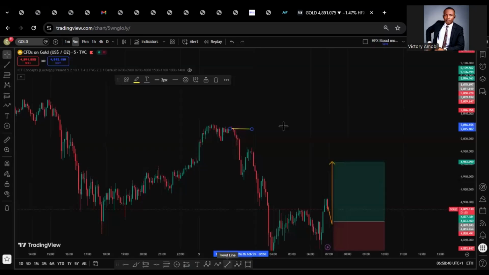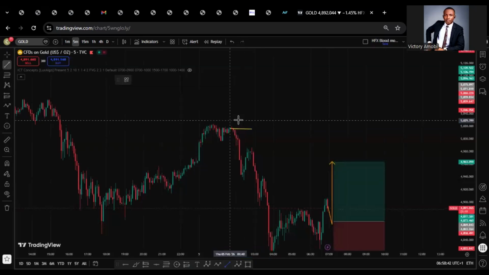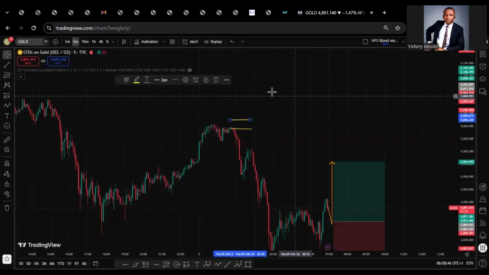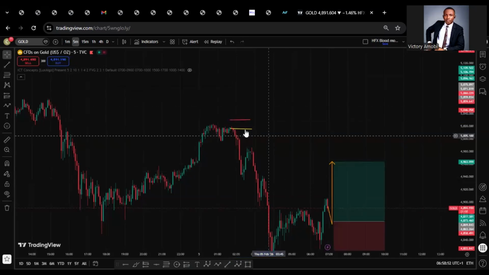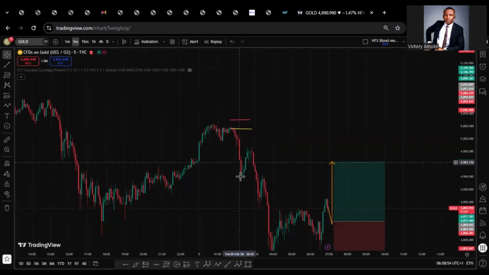Your TP is open. Your SL is above here. I'm going to use red for the SL. Entry is here. So the market made this move, did a retrace, started going down again.